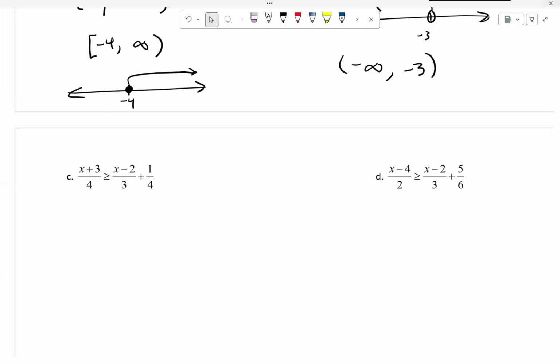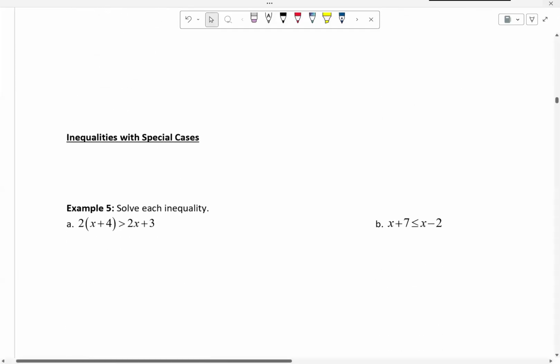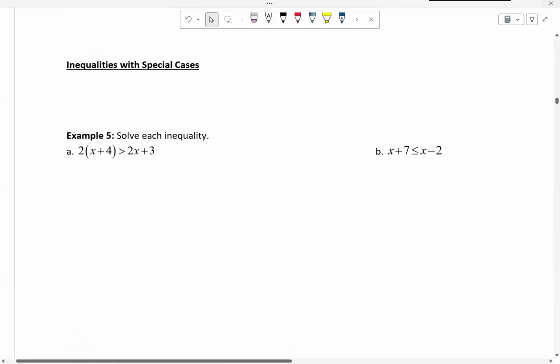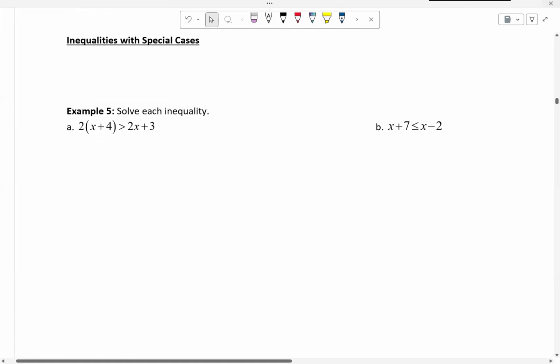What 3 words am I hoping for? Multiply by 12. Okay. Can we skip that one? Okay. And we're going to skip D too. Let's talk about example 5. Try both of them, see what you get. Oh, example 5.